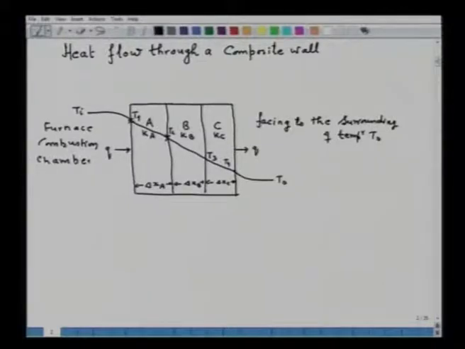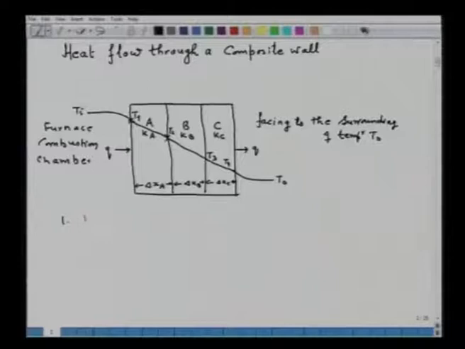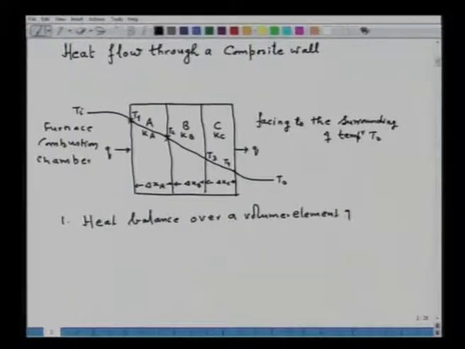Now, we are required to find out an expression through which we can calculate the heat flow through this composite wall. Now, there are several approaches to find out the heat flow. Approach number 1 is doing heat balance over a volume element of thickness delta x.